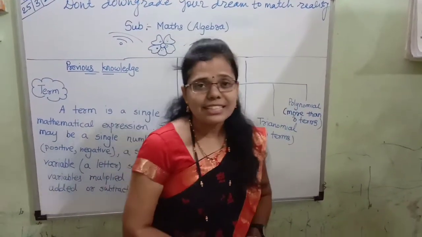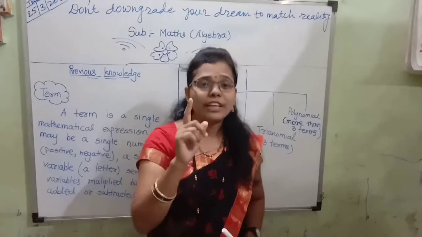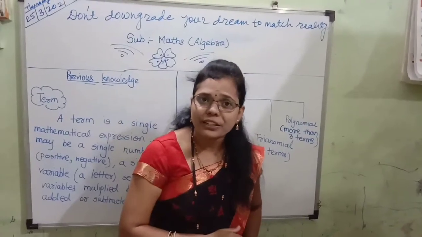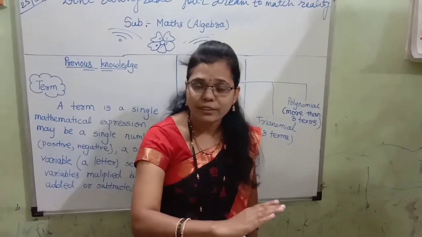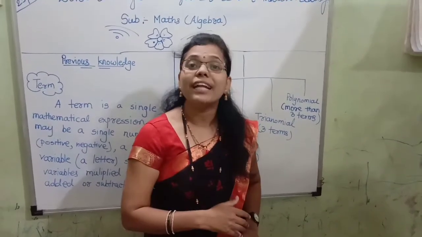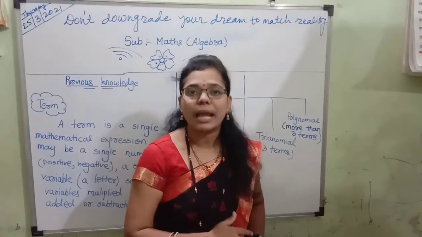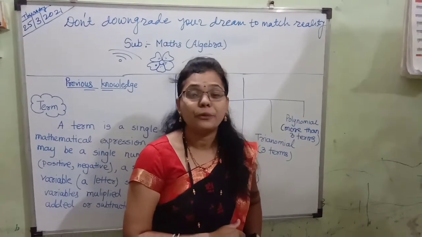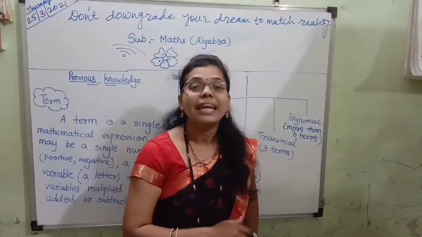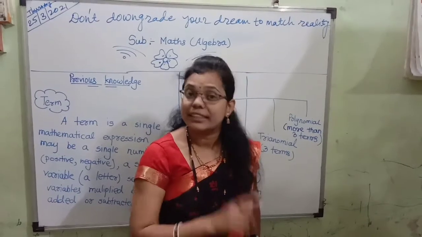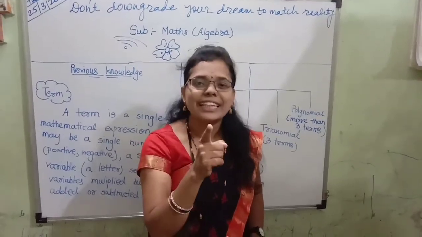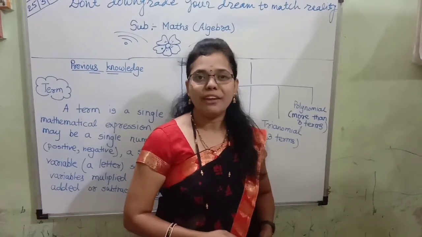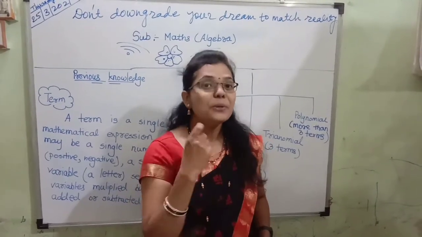I think you understand the meaning of term, which is the mathematical expression where we can use any number, positive or negative, even any letter, or some of the time several letters also, but all those things should be in the form of multiplication. There will be no addition and no subtraction. Got it children?